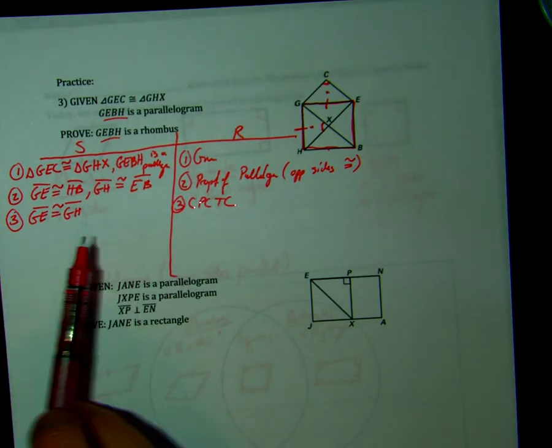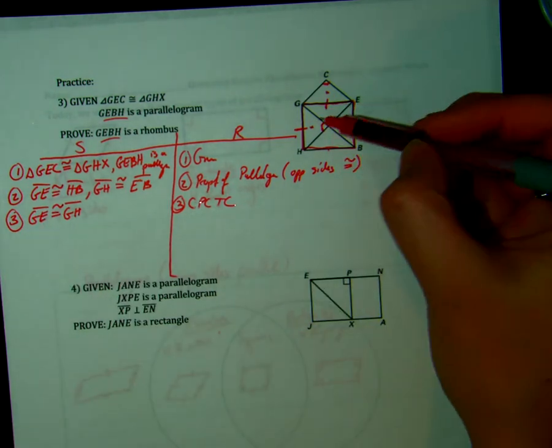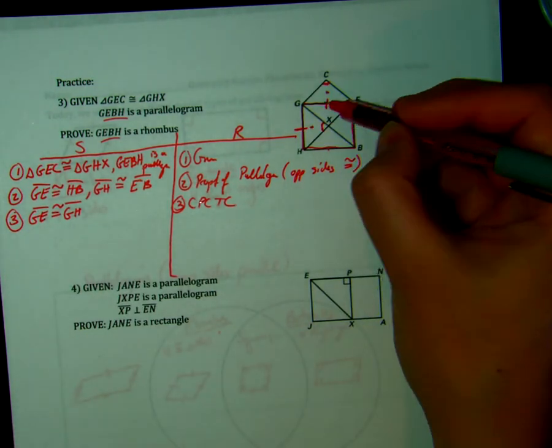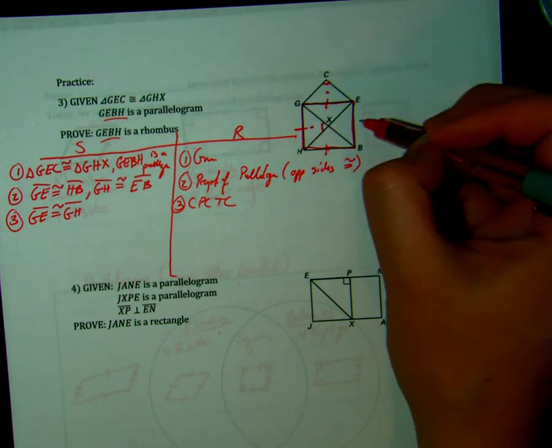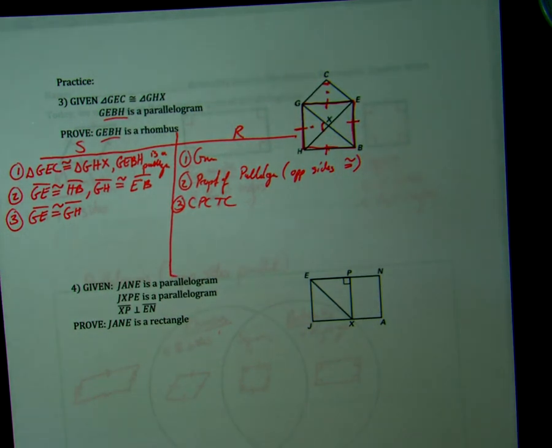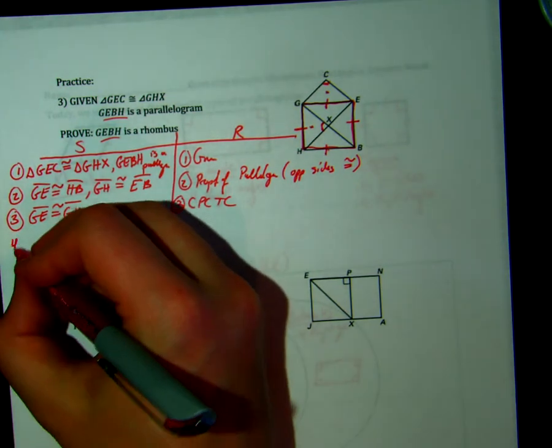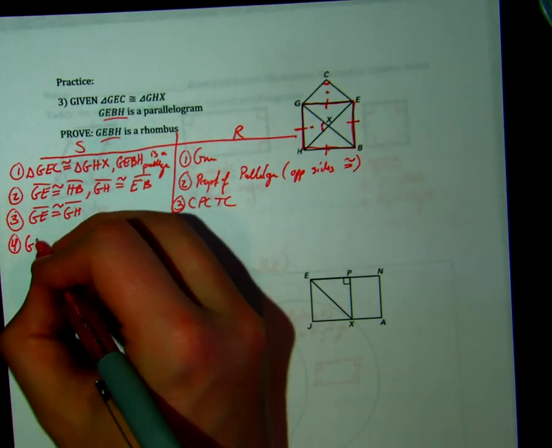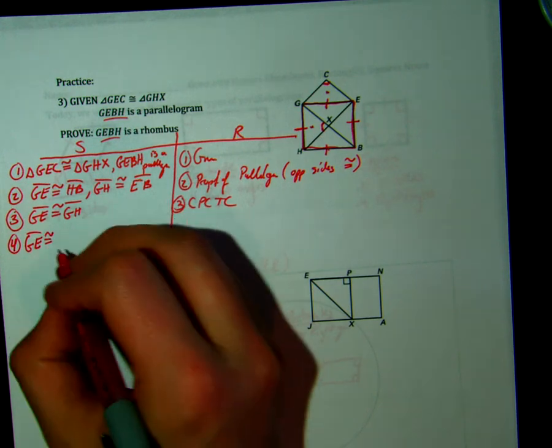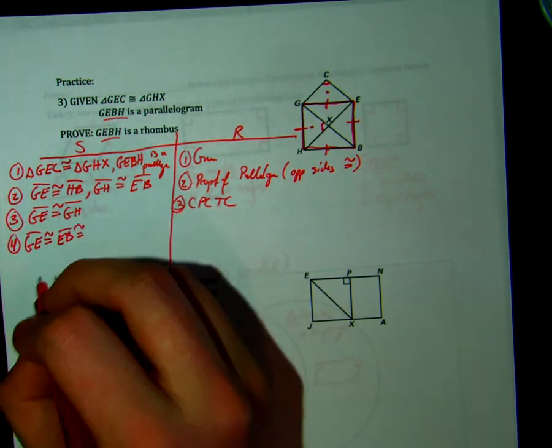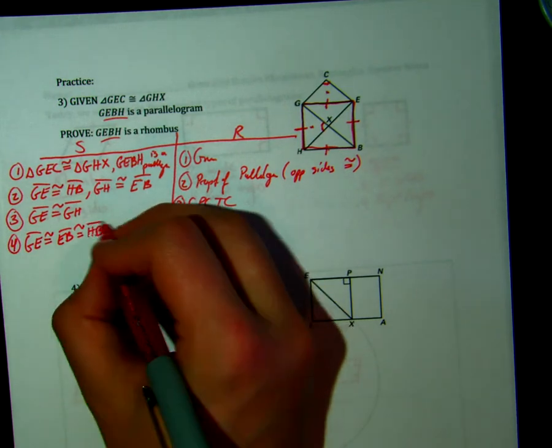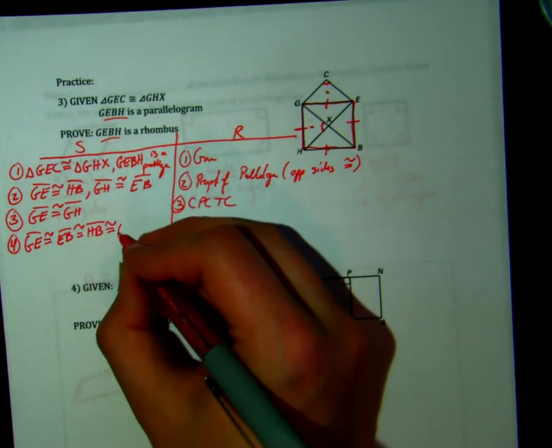And now this lets me chain all of this stuff together. So because I know that these two things are congruent, and I already know that GE is congruent to the opposite side, GH is congruent to the opposite side. So those are my four congruent sides. Okay? So GE is congruent to EB, is congruent to HB, is congruent to GH.